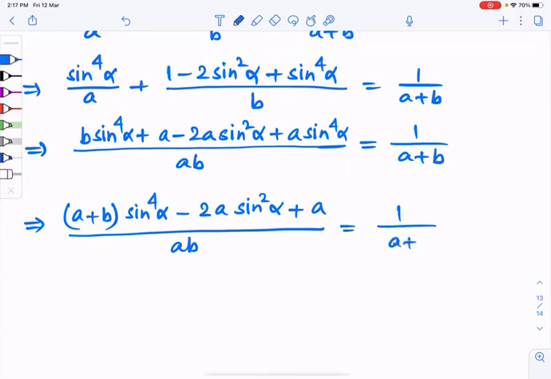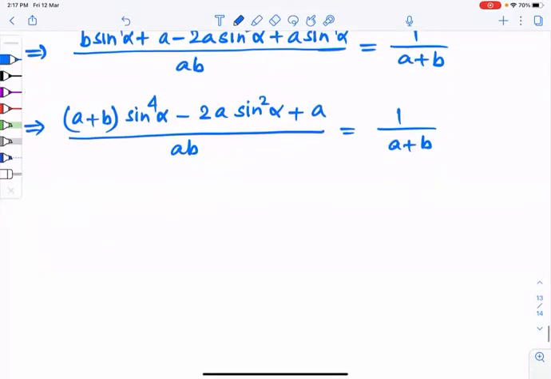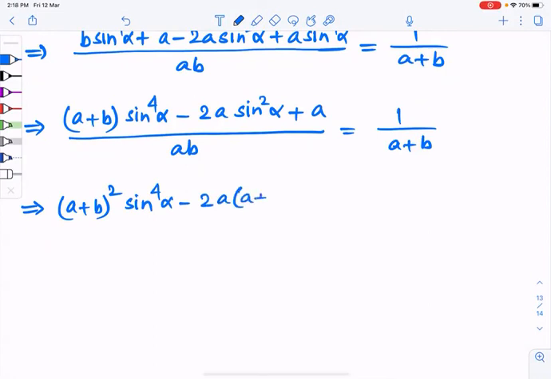Now I am going to cross multiply. If I cross multiply, I will get a plus b whole square into sine power 4 alpha minus 2a into a plus b into sine square alpha plus a into a plus b, right hand side ab. This is just cross multiplication and nothing else.